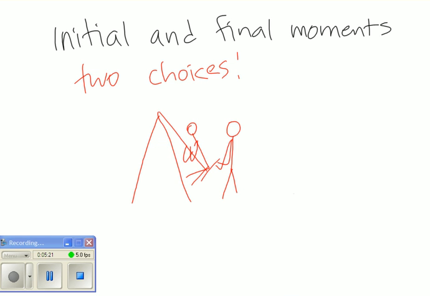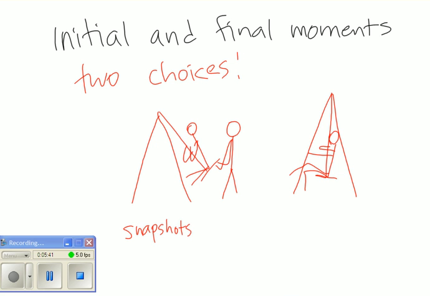And in the next moment, kid swinging fast at the bottom of the swing's travel. Now, these are snapshots. It's not a movie. The picture doesn't tell a story.